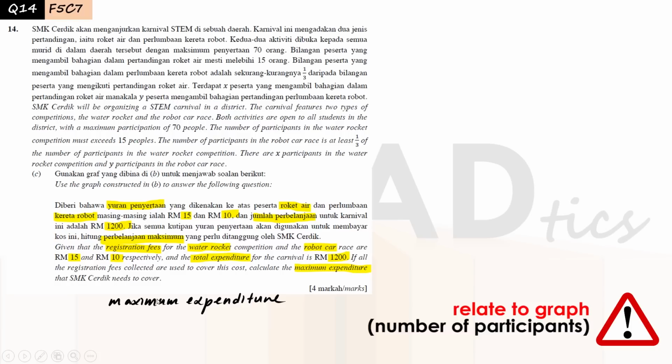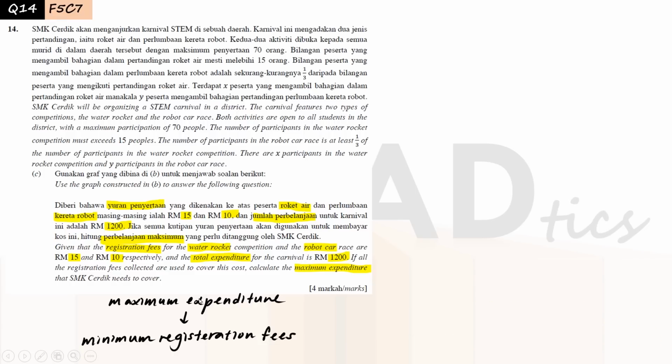So if we want to find the maximum cost, we need to find the minimum registration fees, right? Because lower revenue, higher cost, right? Okay, so now let's bring our focus to finding the minimum registration fees.